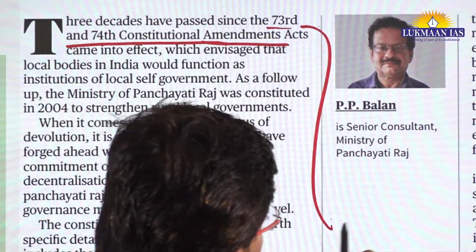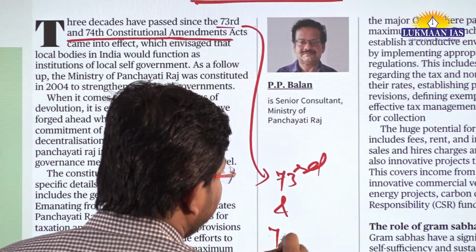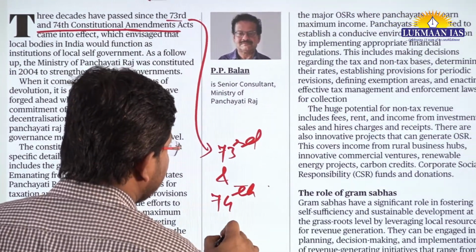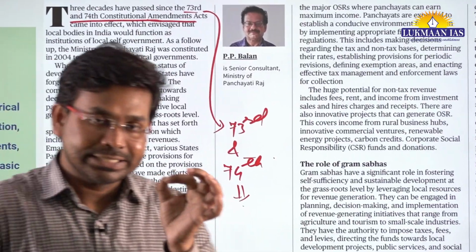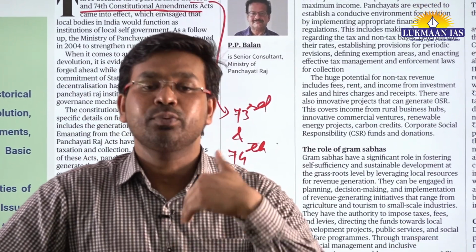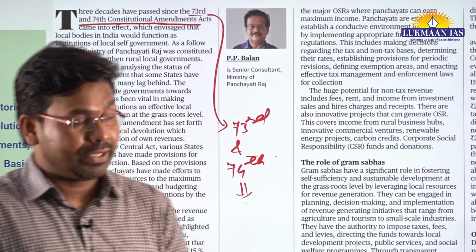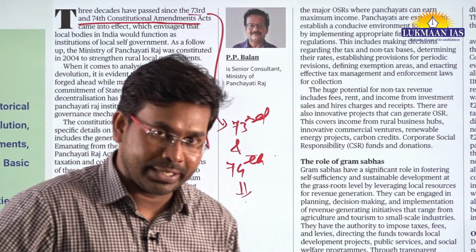And these 73rd and 74th Constitutional Amendment Acts give constitutional status to the Panchayati Raj institutions. Okay, so Panchayati Raj institutions have been made a constitutional body because it was enacted in the Constitution of India through the 73rd and 74th Constitutional Amendment Acts.